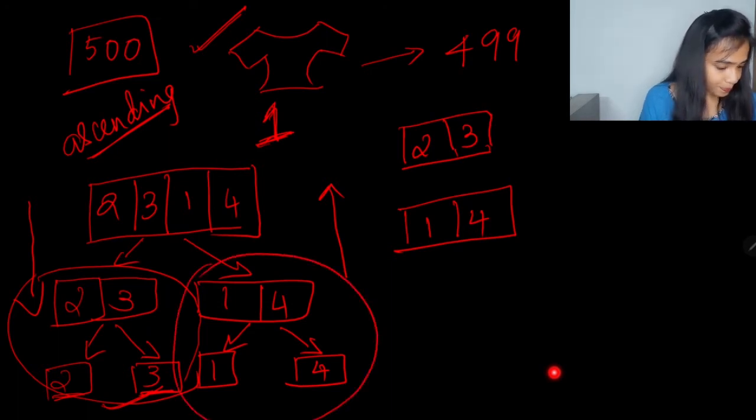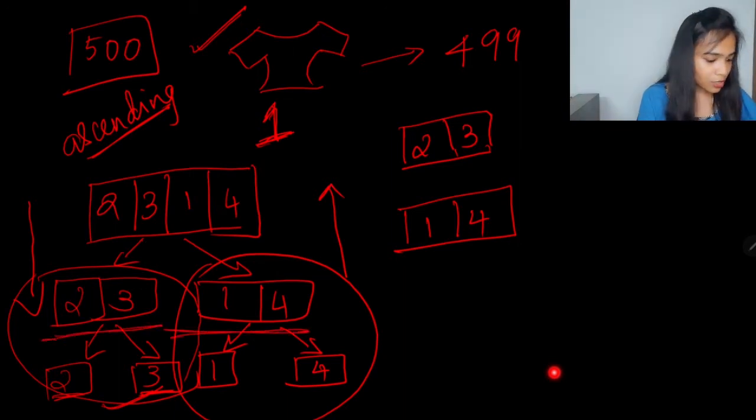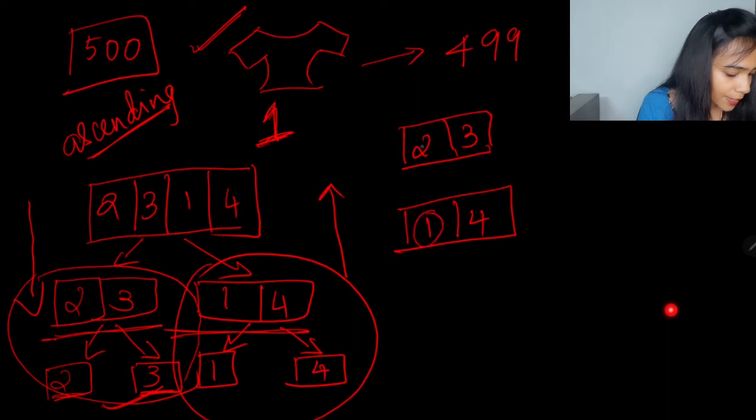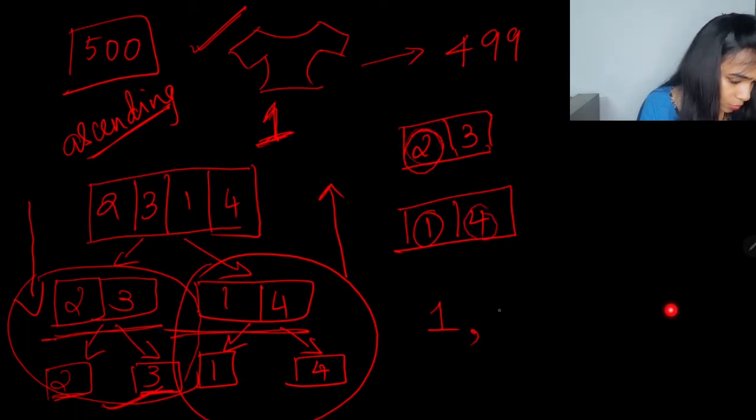Now when we come to the next step, we take this one and this one and try to sort it. We compare 1 and 2. 1 is smaller, definitely, so 1 should come first. Then we compare 4 and 2. We see that 2 is smaller, so 2 should come second. Then we compare 4 and 3, so 3 comes next, and then we have 4.